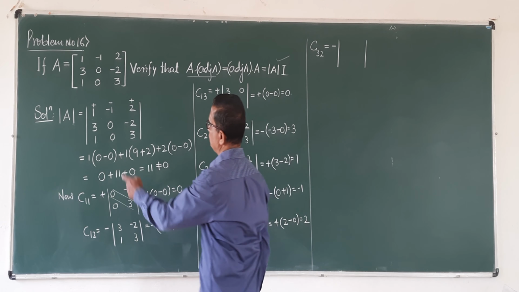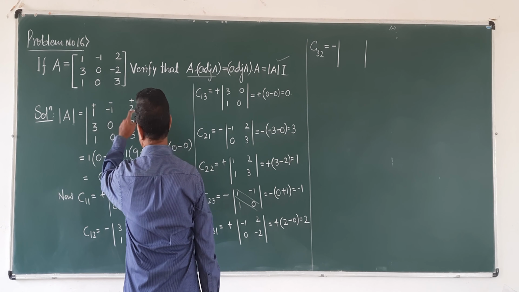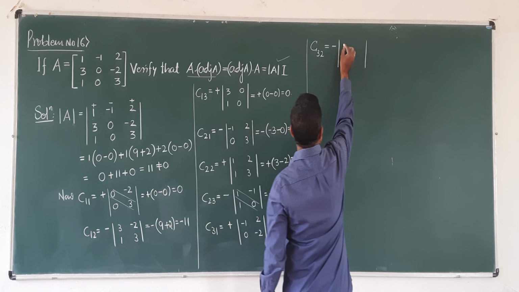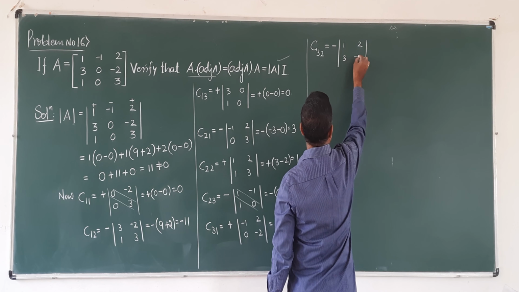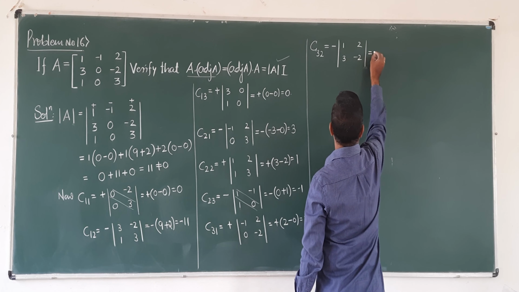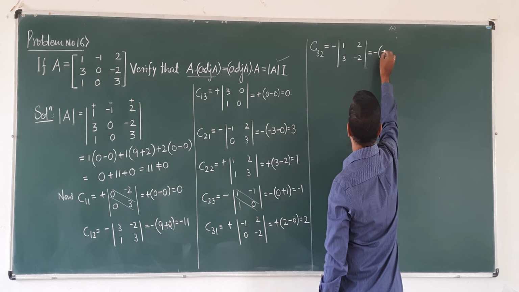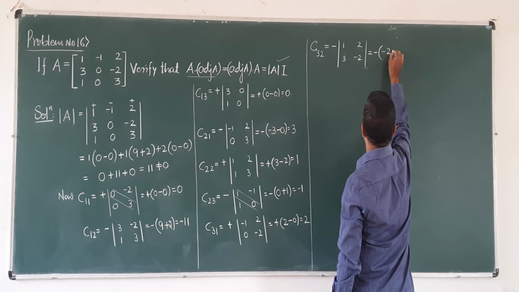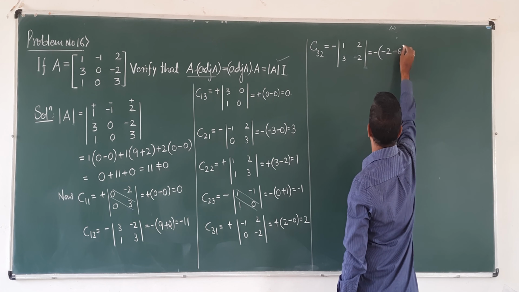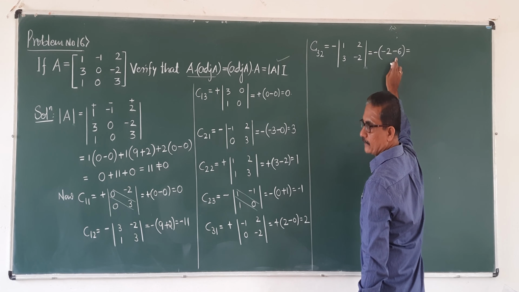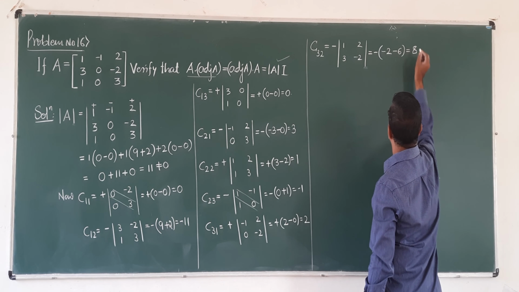Deleting the third row and second column, we get 1, 2, 3, minus 2: 1 into minus 2 is minus 2, minus 3 into 2 is 6, so minus 2 minus 6 is minus 8, and with the minus sign it becomes plus 8.